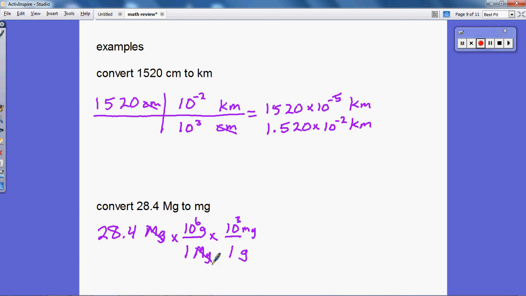The megagrams cancel, the grams cancel, and we're left with 28.4 times 10 to the 9 milligrams. Putting it in proper scientific notation, I've moved to the left once, so I need to add another one up there: 10 to the 10 milligrams.